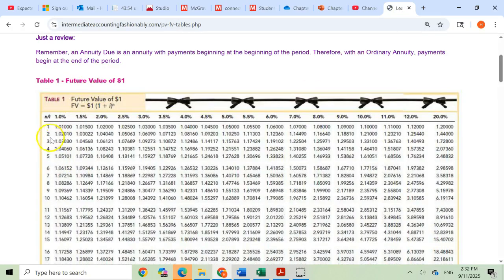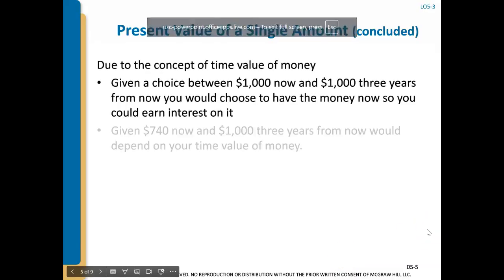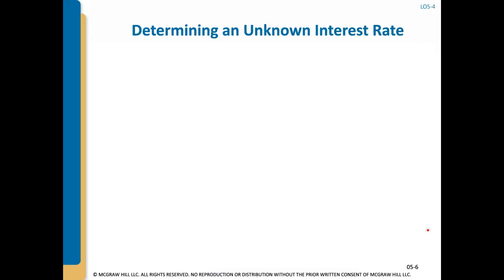So let's go, still future value, N equals 3, but now my I equals 11, 1.36763, which is what I'm using right here. So if I earn 11% and I invest $740 today, I would actually end up with $1,012 in the future. So in that situation, I would choose to invest my $740 today because I would end up with more than $1,000 in 3 years. So this is just some ways to apply future value.